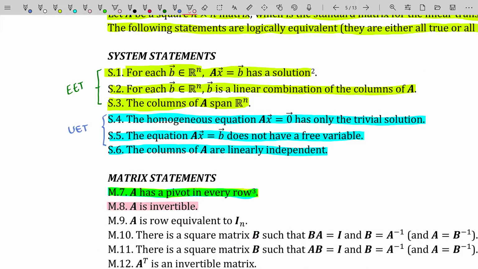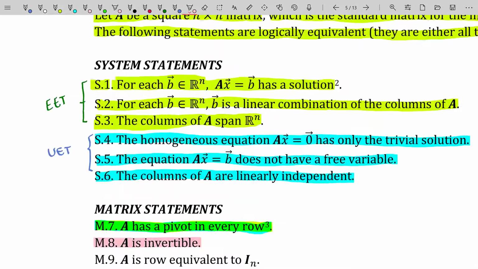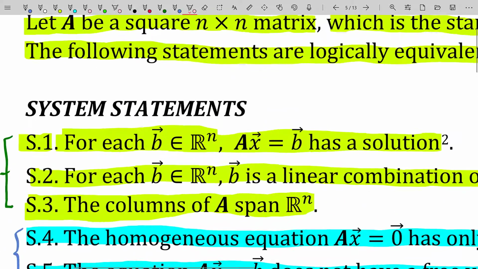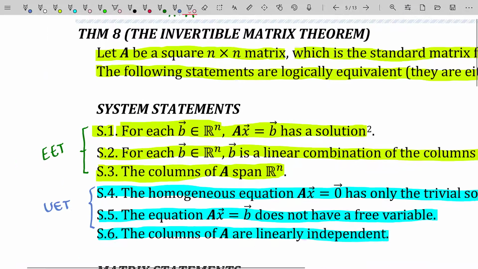You have to have a pivot in every row, or every column, I should say, and every column, to be honest with you. Every single b in the codomain is the image of a vector from the domain. Well, that's a little bit ahead of where we are right now, but that's basically this statement up here: for each vector b in Rn, Ax equals b has a solution. I just said it in terms of a transformation.